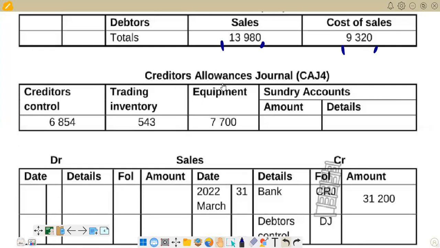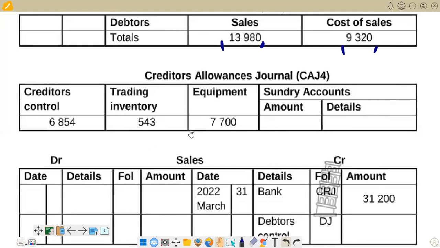So this creditors allowance journal represents the goods that we bought from suppliers, and then we retain them. When we are retaining them, we create this one, creditors allowance journal. So it means they are going out, so we are going to credit them in the trading stock account. Remember, when we buy them, they come to the debit side of the trading stock account.